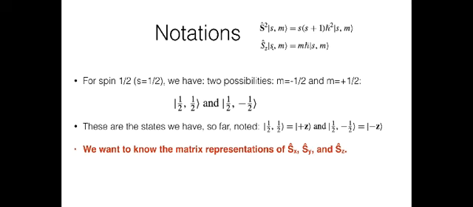So for a spin 1/2 system, when we say spin 1/2, we mean the value of s for the square of the total momentum is 1/2. We have two possibilities, going from minus 1/2 to plus 1/2 in integer steps, so minus 1/2 and plus 1/2. We're going to denote these states |1/2, 1/2> and |1/2, -1/2> simply using the notation of the ket. So these are the states we've seen so far, the plus z and minus z state. What we would like to know is the matrix representation of Sx, Sy, and Sz.